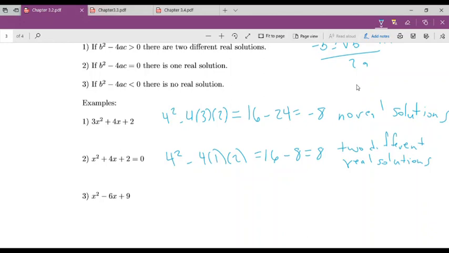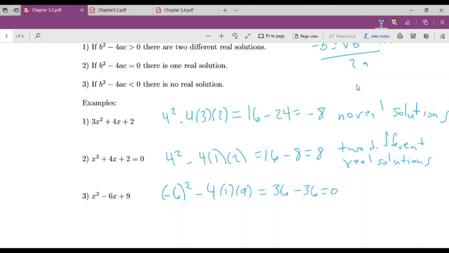Okay. Now let's look at this one. So b squared, negative 6, you've got to square that negative part too, minus 4 times a, which is 1, and c, which is 9. So what I get is negative 6 squared is 36, minus 4 times 1, which is 4, times 9, which is 36, which is 0.